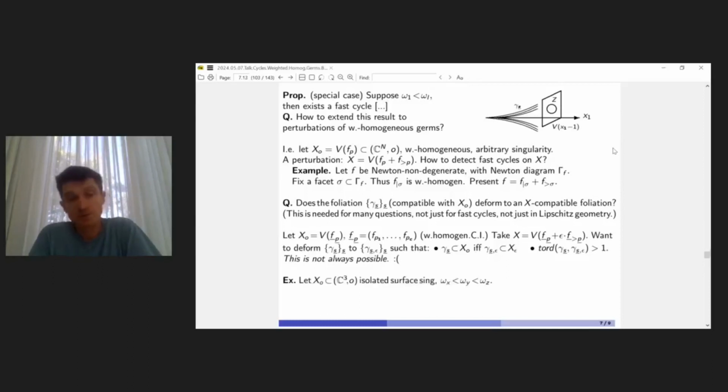So here is a very simple example. Take a complex analytic surface with isolated singularity. Suppose all the weights are different. Here I order them in increasing way. And suppose the z-axis sits inside the surface. But when we deform it, the deformed surface does not contain the z-axis.